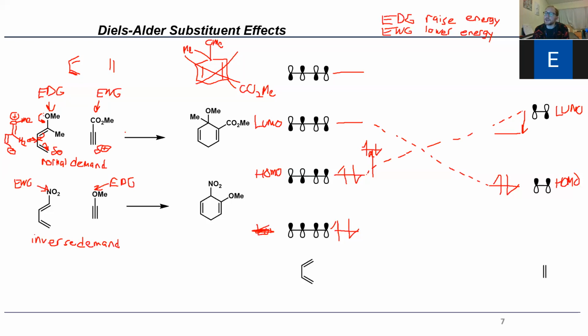And similarly, in a resonance structure here, the ester group can accept electron density, and you get positive charge here.